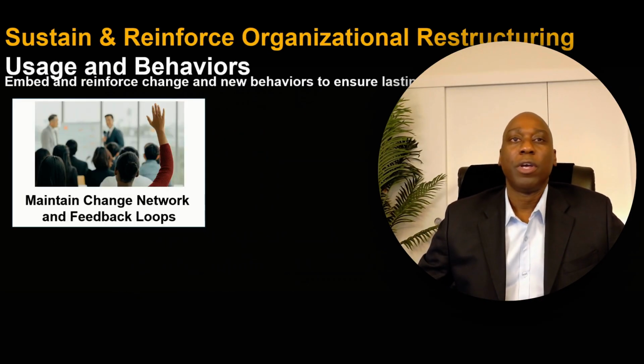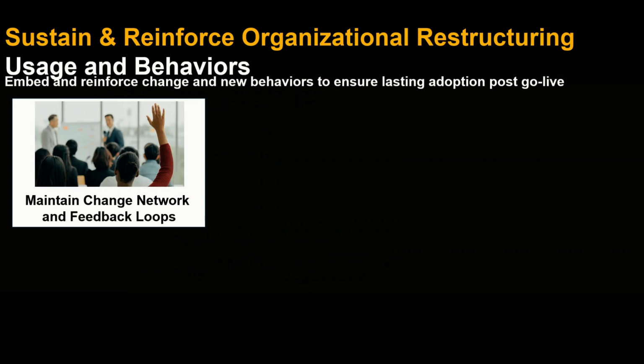For phase four, you want to ensure that you are maintaining your change network as well as your feedback loops. Keep champions and leaders engaged through monthly or quarterly meetings, surveys, and success stories.